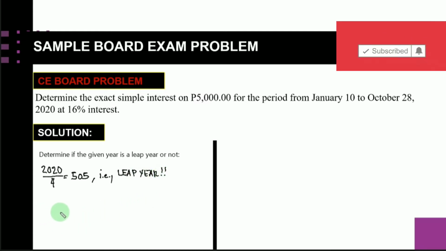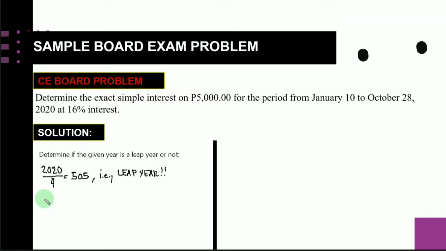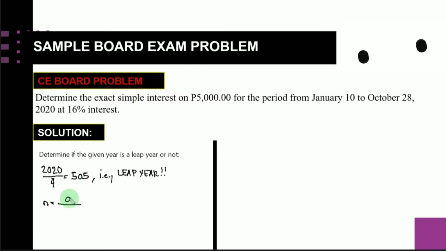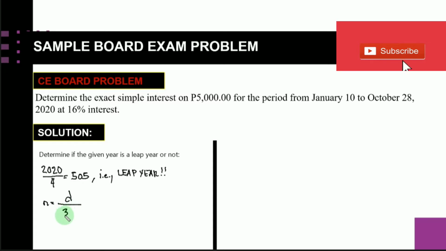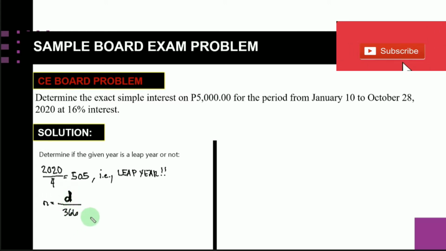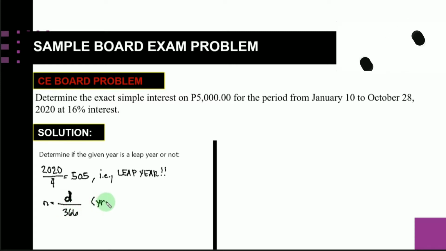When we are considering a leap year, we need to use this value of n, which is equal to d over 366, where d is just the number of days, and our unit for n is already in years.